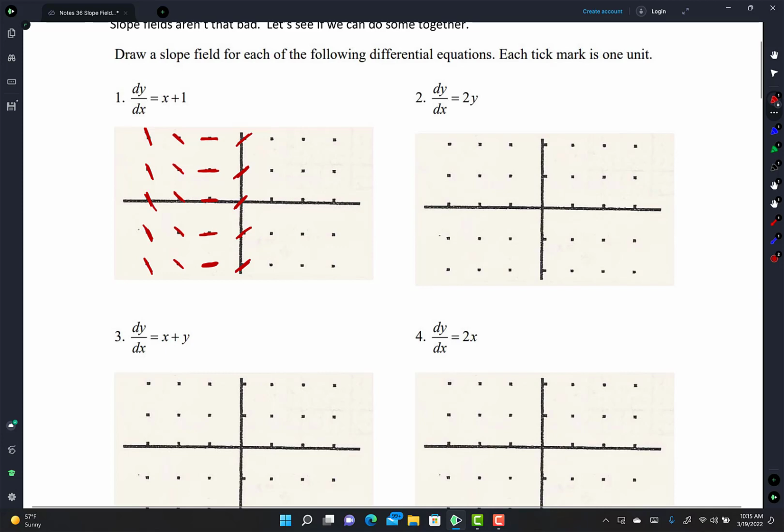I'm at x equals 1 now. What is 1 plus 1? So 2, 2, 2. I know you don't have a reference on some of them, but it's okay. At x equals 3, 3 plus 1 is 4. So make it look steeper. It's almost vertical, but not quite.